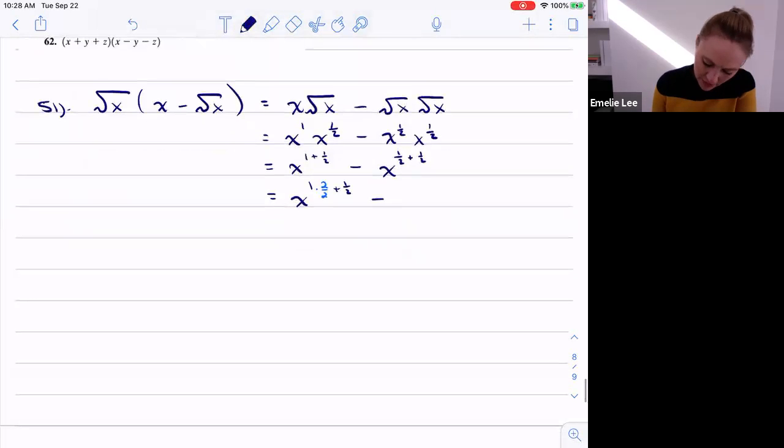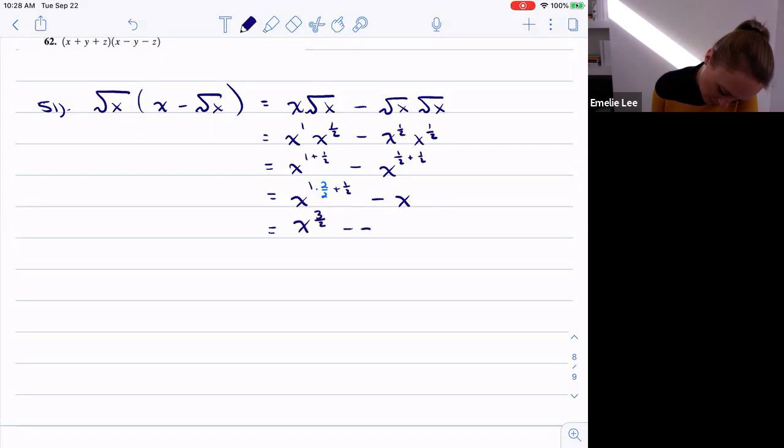And then over here, x to the 1/2 plus 1/2, that's a common denominator. 1 plus 1 is 2, 2/2 is just 1, so I'm just going to write it as x. But here I've got 1 times 2/2, so now I've got 2/2 plus 1/2. 2 plus 1 is 3 over the common denominator of 2, so I've got x to the 3/2 minus x.